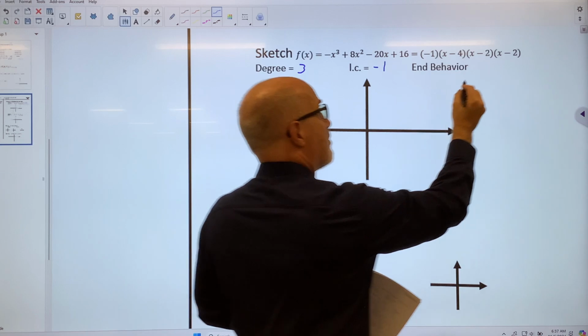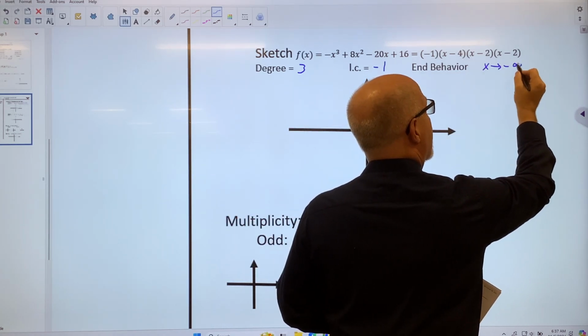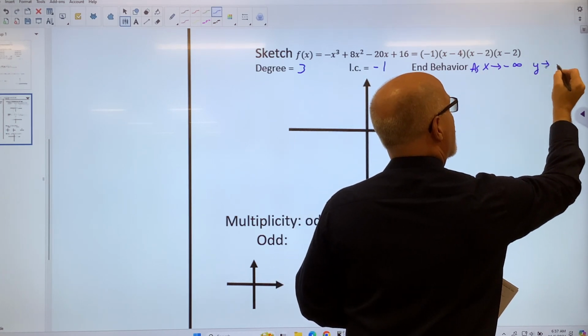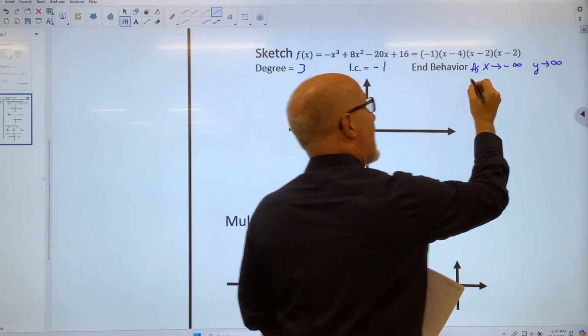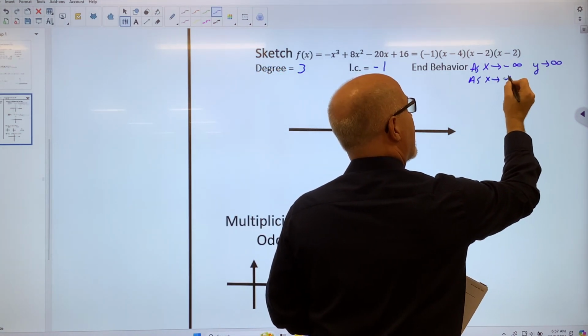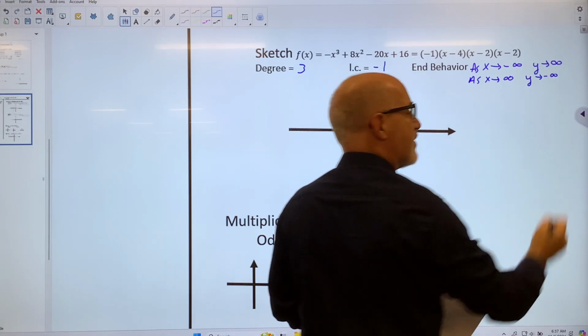So the end behavior is as x goes to negative infinity, y is going to go to positive infinity because it starts up, and as x goes to positive infinity, y is going to go to negative infinity.